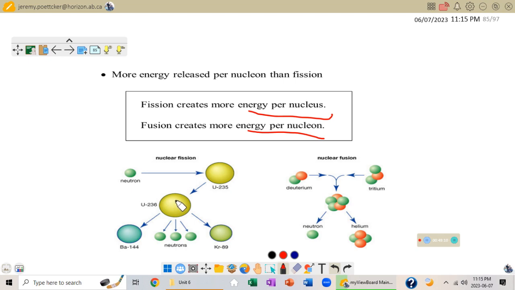Lots of energy out of that one nucleus. Here, we've got a grand total of 5 nucleons, and we're getting a good bit of energy, but per nucleon, we get way more energy here, even though the nucleus here is much bigger, so we get more energy from each nucleus. Per kilogram, fusion wins.